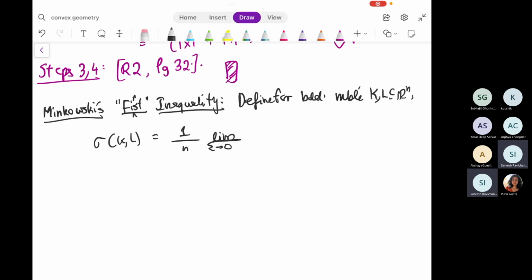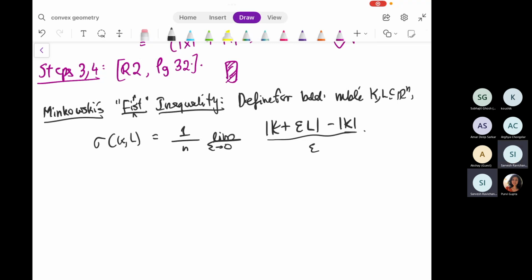This 1 by n is just a formality really. Perhaps it is not really required, but because it is part of standard definitions, I include it. So you take the lim sup as epsilon tends to 0, but this time you are translating by L. So instead of covering every point around K by a ball, you're covering it by whatever L is, right?